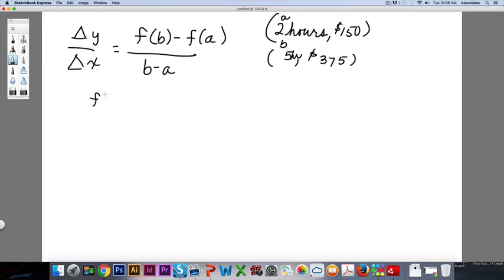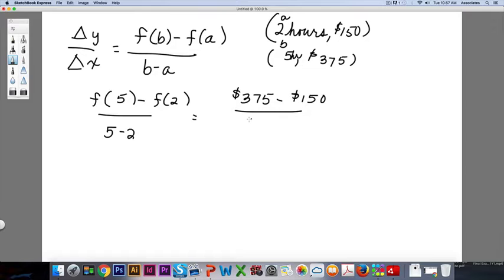So here I go. f of 5 minus f at 2 over 5 minus 2. So my function at 5 hours is $375, minus at 2 is $150, over 5 minus 2 is 3, and that's hours. Let's do the math.